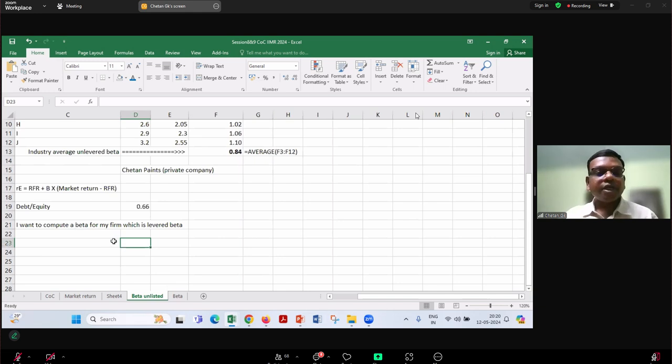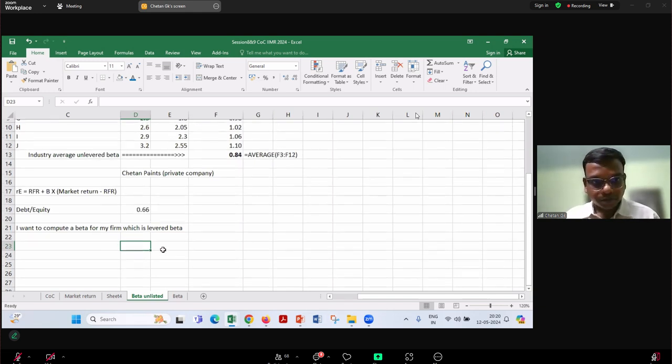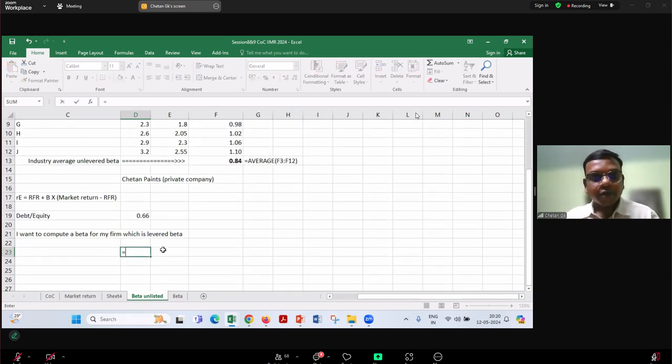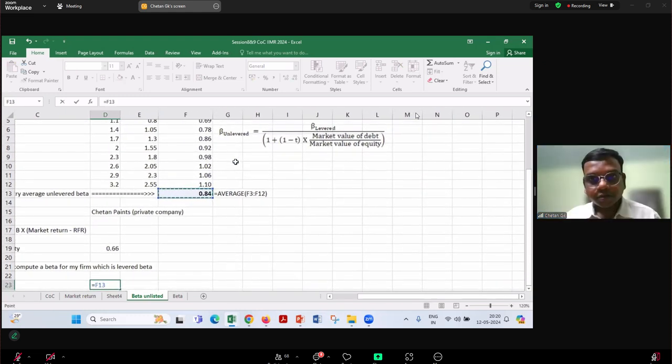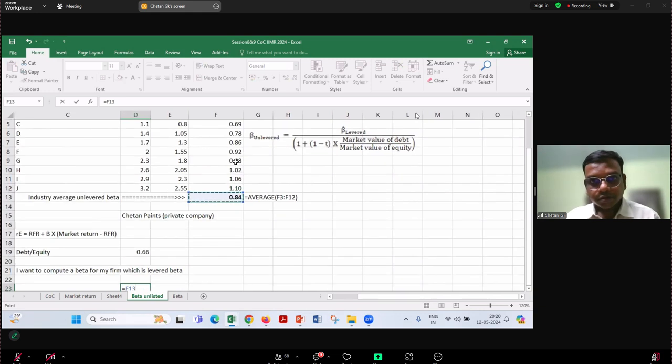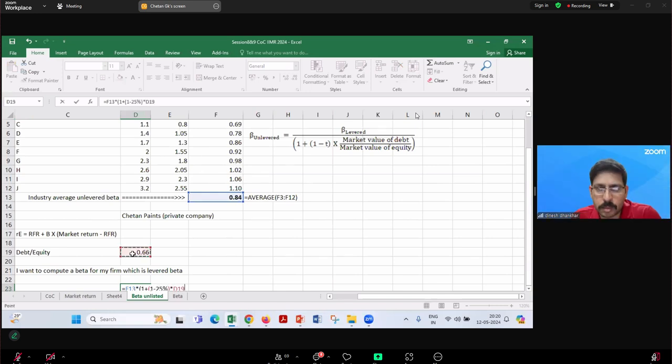Okay, so which beta should I be considering now? I should be considering the average, this one, 1.25, multiplied by 1 plus (1 minus 25%) multiplied by this debt to equity ratio that I'll be putting in.